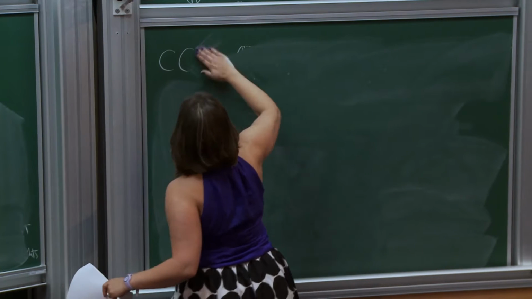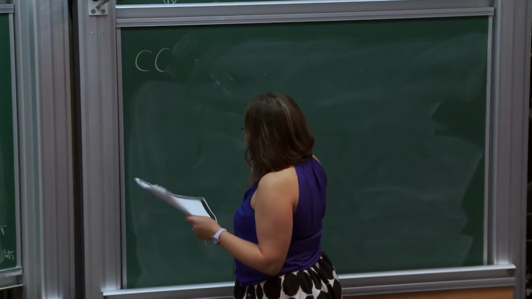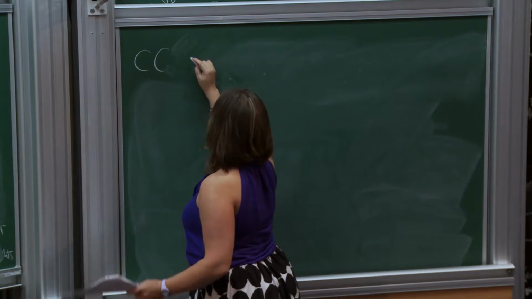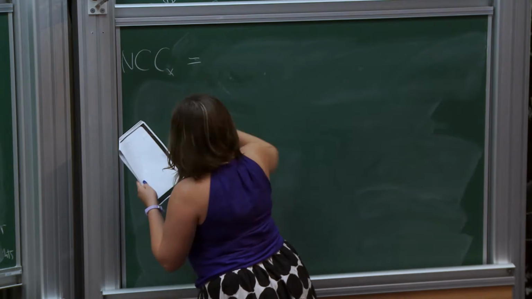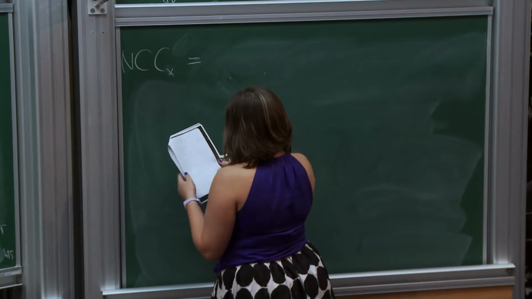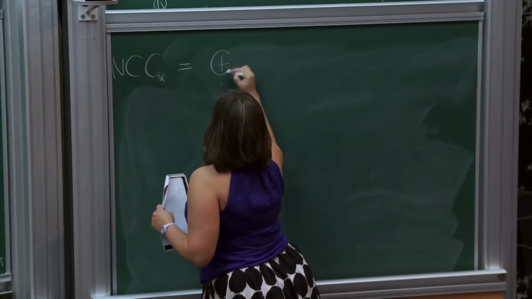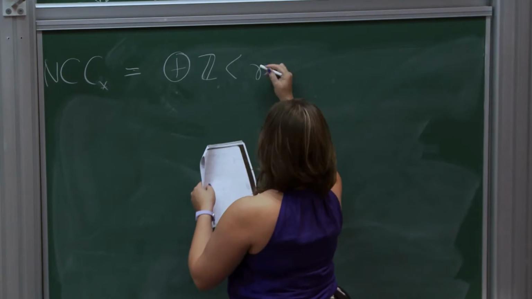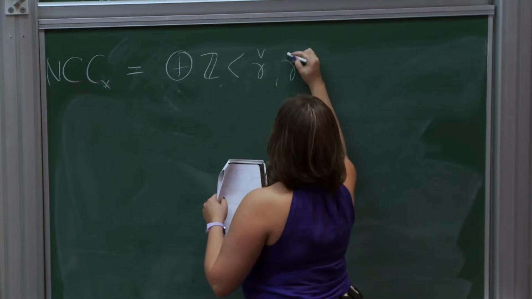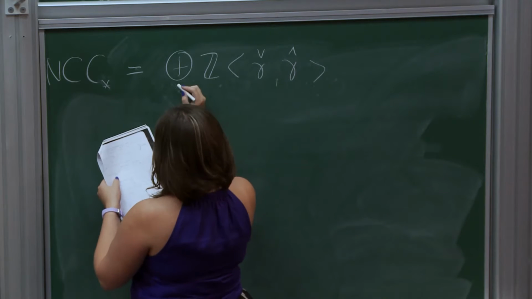That's not really what we're doing, but it's the vestigial motivation for defining our non-equivariant chain complex to be generated by two generators associated to each Reeb orbit: gamma check and gamma hat.